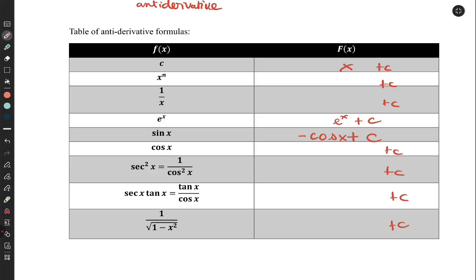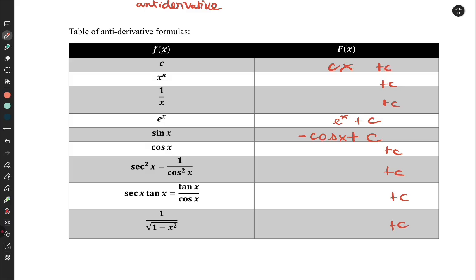Yep, correct. Derivative of this one gives you this. This is the antiderivative of this. But if I have 2, then what would this one be? 2x, right? Cx plus C. Those two letters C are different, just a constant. Remember, C is just a constant. It could be any number. They don't have to be the same.